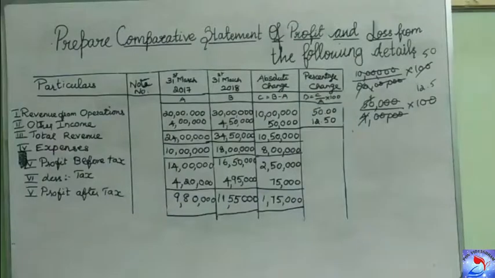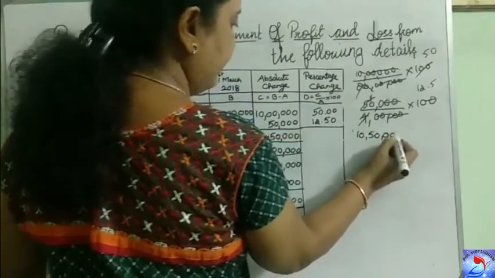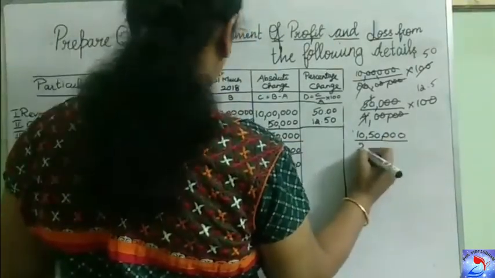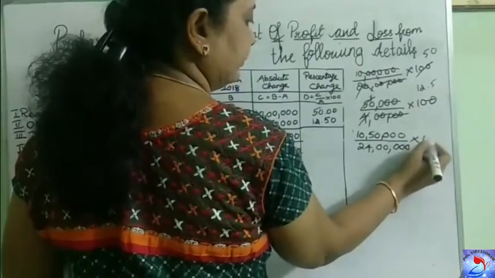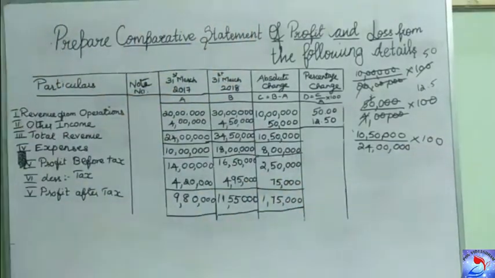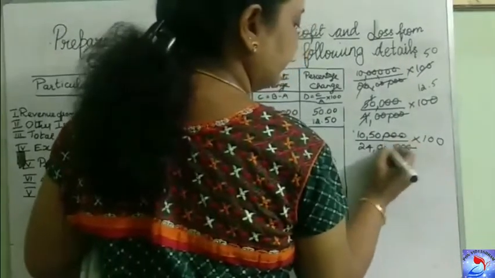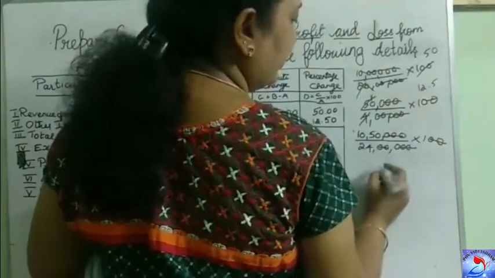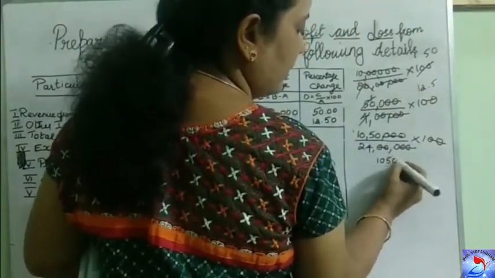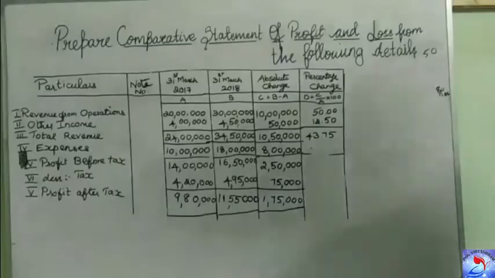Now if you calculate this, 1050 divided by 24, you will get the answer.